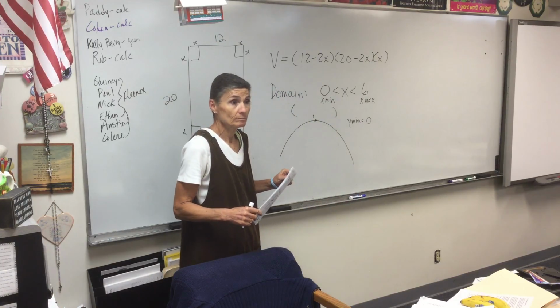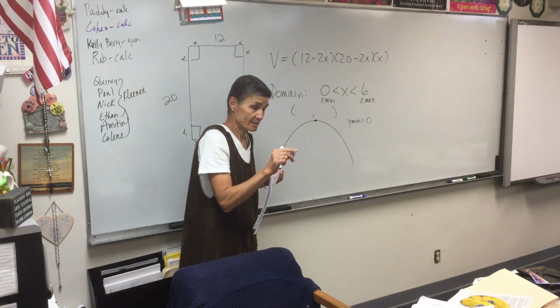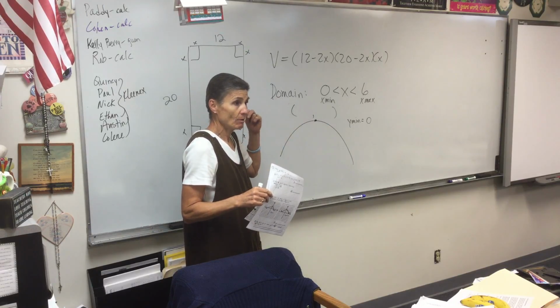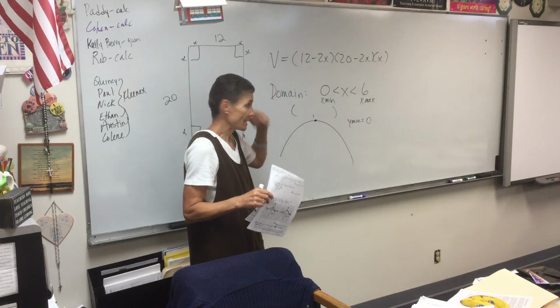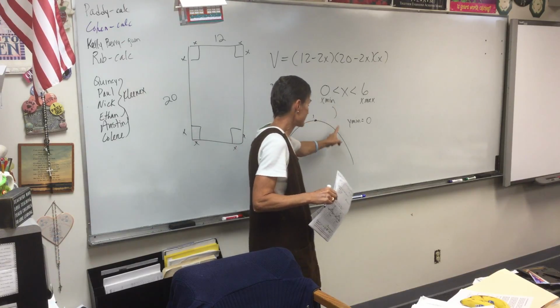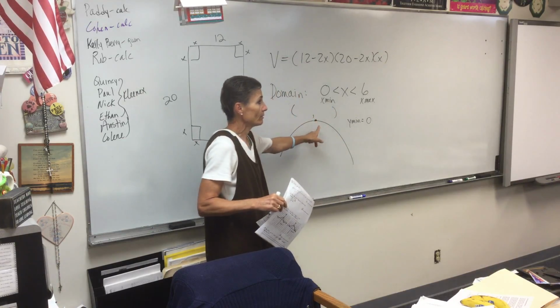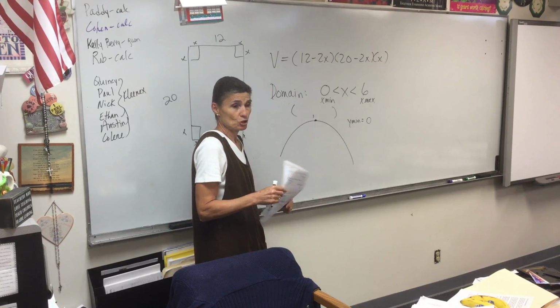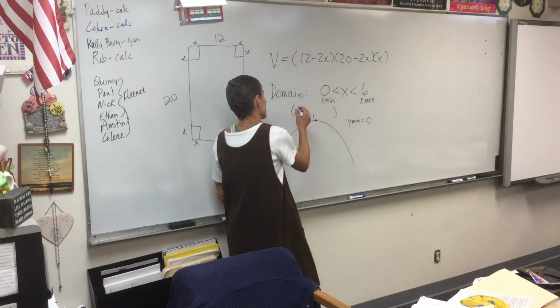Second calc, go down to maximum, hit maximum, and then left bound, set it over here, right bound, set it over here, put it in the middle, hit enter, and it should give you the maximum, which is what?